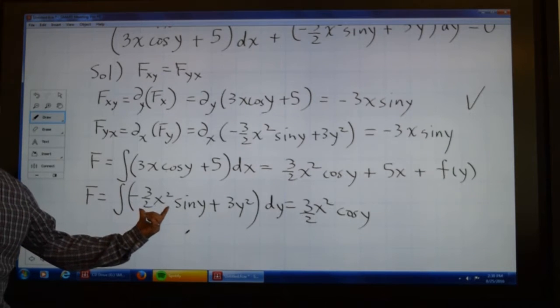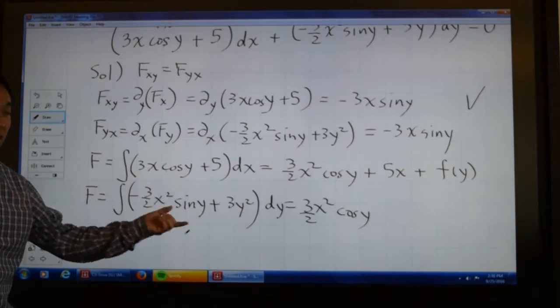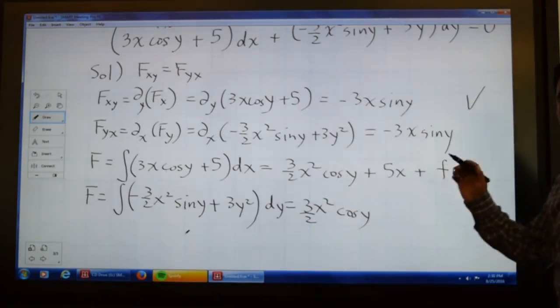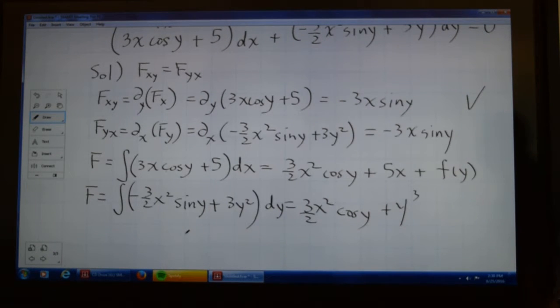However scary this looks, it's just a constant multiple, so we don't care. We are only integrating sine y to give you cosine y. 3y squared, if you integrate by y, you get y cubed, right? If you differentiate y cubed, you get 3y squared. Plus a function of x.